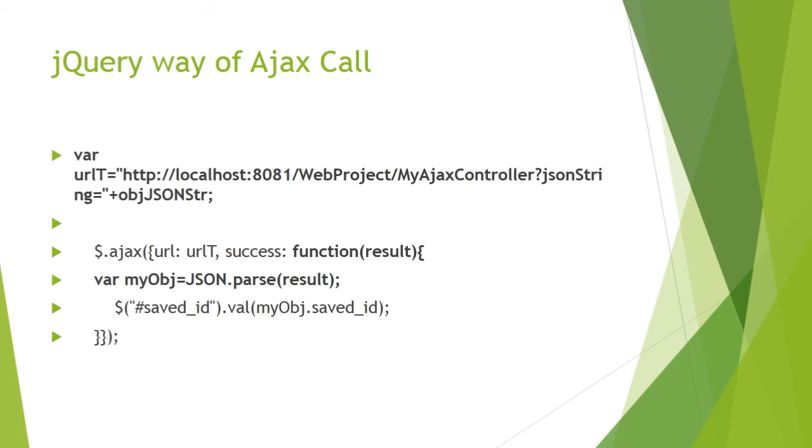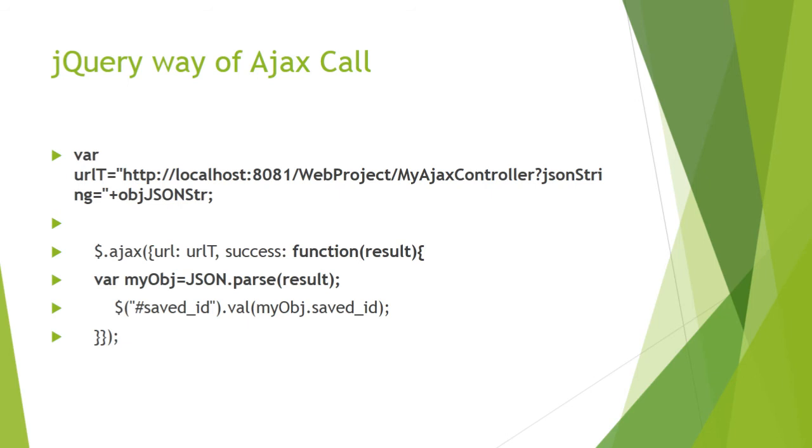I have stored that Ajax object in a variable here, and then on success one function will be called. This is the callback after success, and here you can write your own piece of code.